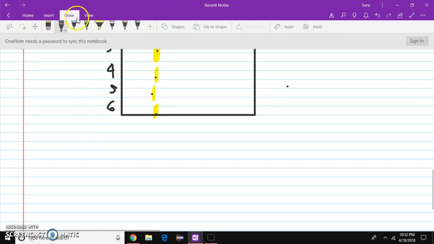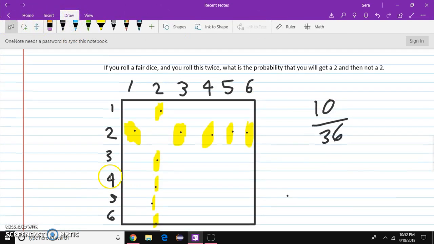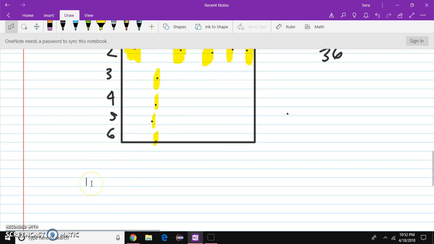that if I take out my drawing and I go back to this, if you roll a coin, a fair coin, and you get at least one heads.